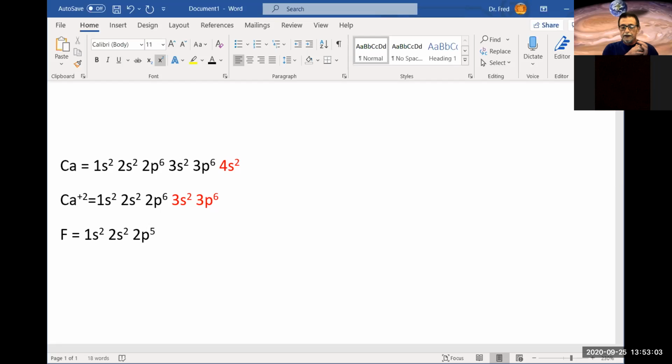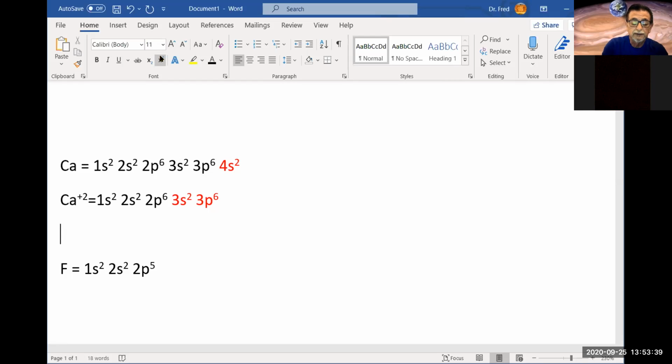Okay, would everyone agree that's the electron configuration for fluorine? Now, does fluorine want to gain or lose electrons? Exactly, it wants to gain. It's a non-metal, okay?